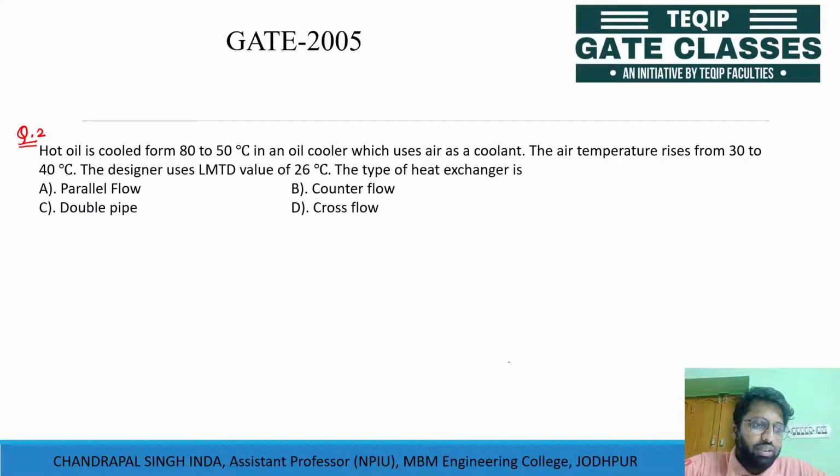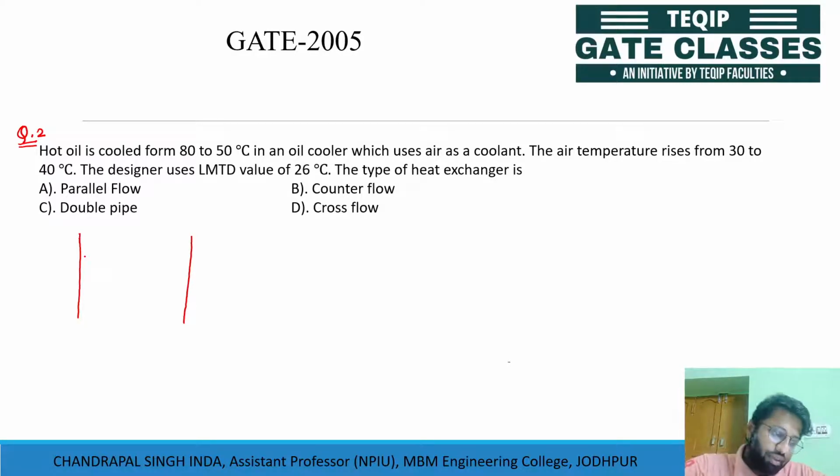The air temperature rises from 30 degrees to 40 degrees centigrade, and the designer uses an LMTD value of 26 degrees, and the type of heat exchanger is. So in this question, we are required to identify which type of heat exchanger this is.